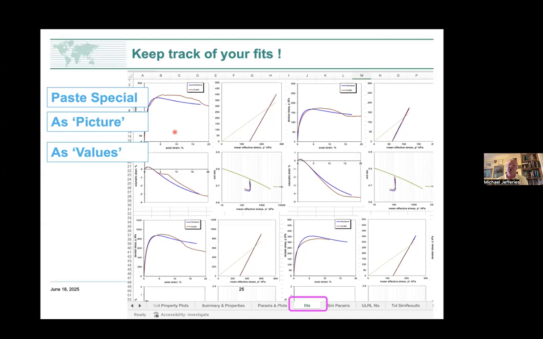So your work may be looked at by your colleague's granddaughter in 50 years' time. So keep in mind the importance of being clear in what you've done and why, and keep these images so somebody can look at them and say, "Oh, yes, I think I find those fits quite acceptable." Or, "But I can see here there's a problem with that test. Something went wrong on it." So you can pull the whole story together.